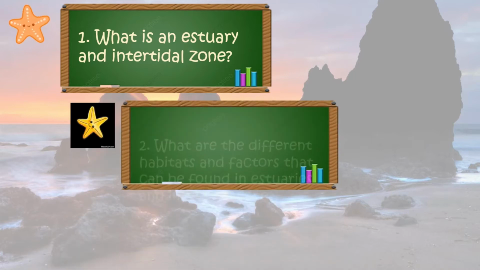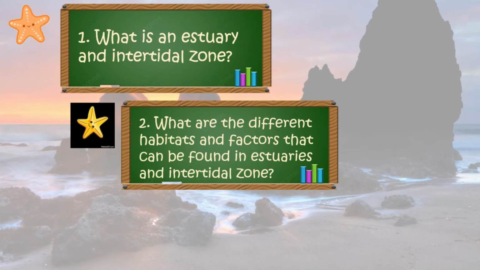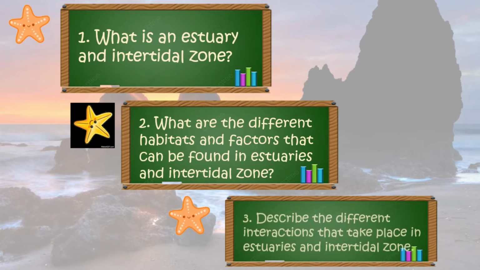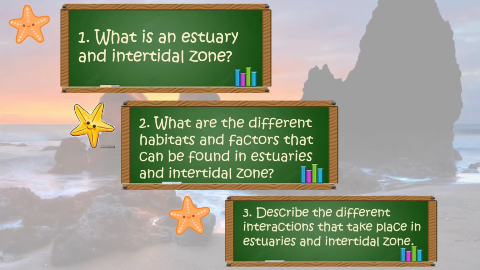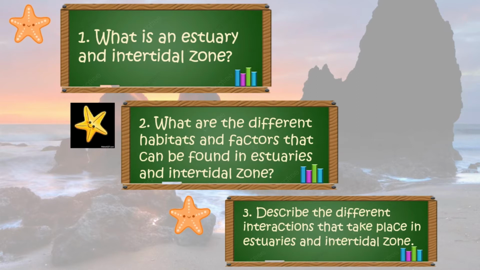For the second question, what are the different habitats and factors that can be found in estuaries and intertidal zone? And then, we are going to describe the different interactions that take place in estuaries and intertidal zone.